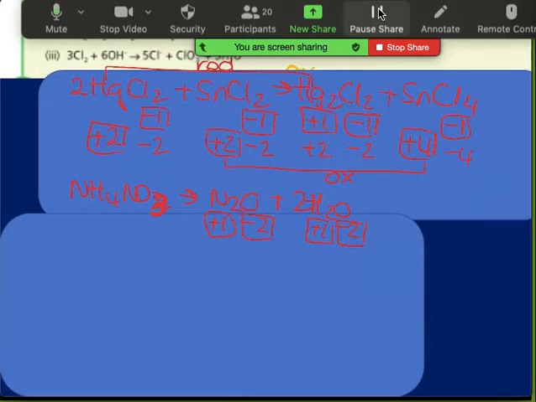Now I'm going to break this one apart. NH4 positive is a complex ion. So each H here has to be +1. You have 4 of them, you have to have 1 left over. Am I doing this right?